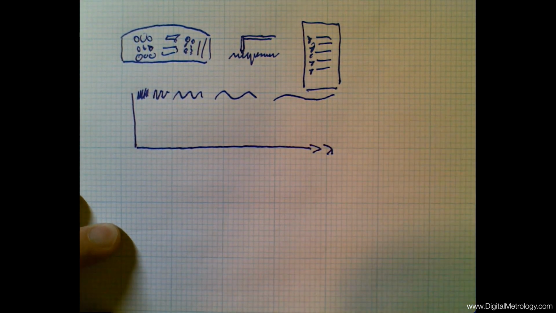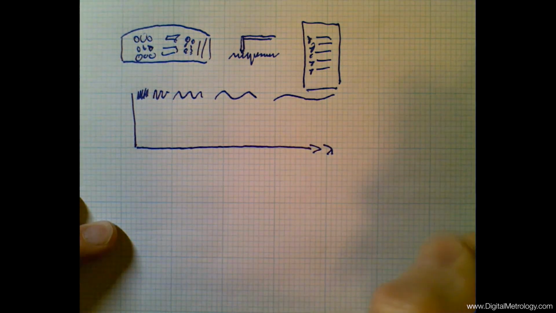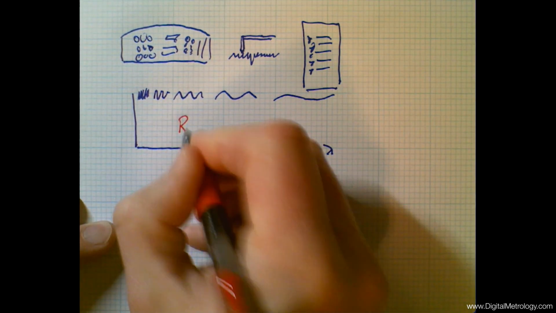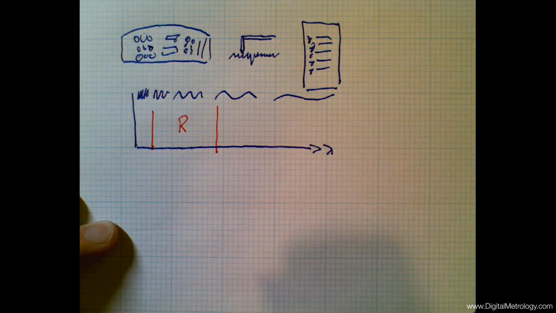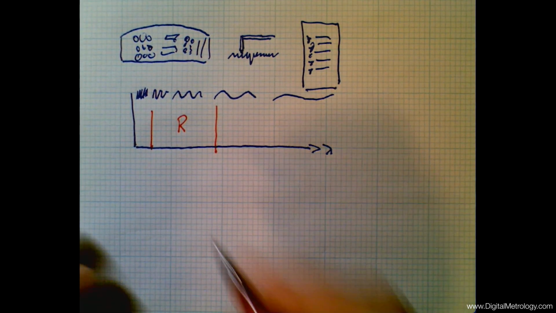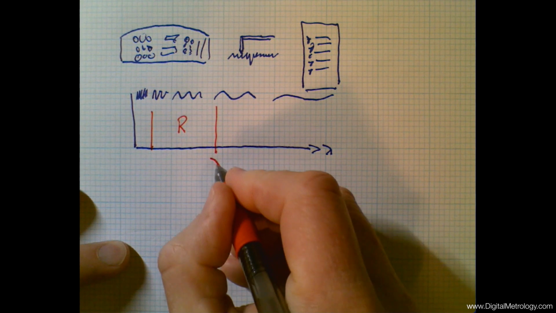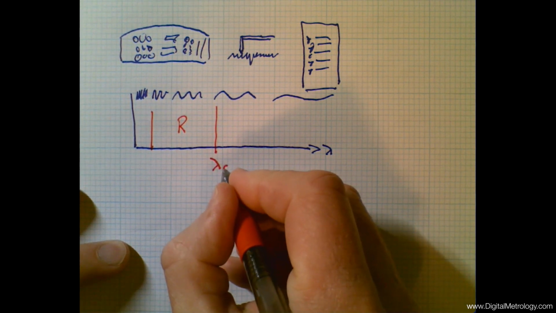Wavelengths are represented by the Greek letter lambda in most cases, and we need to tell our roughness gauge that we are making a roughness measurement. So we're going to have to tell the gauge which wavelengths we care about. Now, the primary setting for this is going to be a cutoff wavelength.